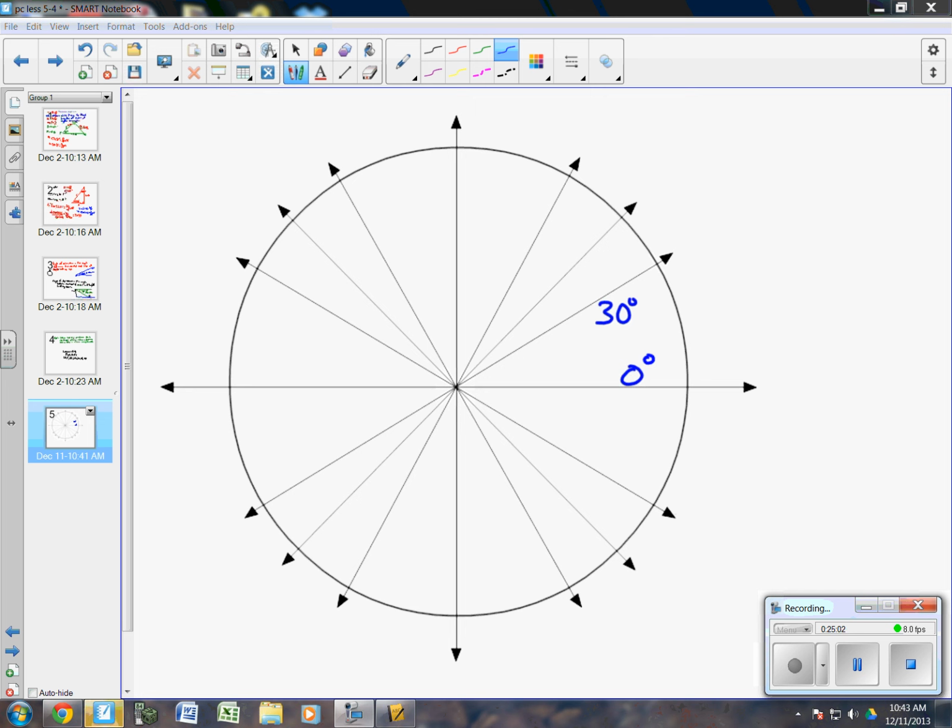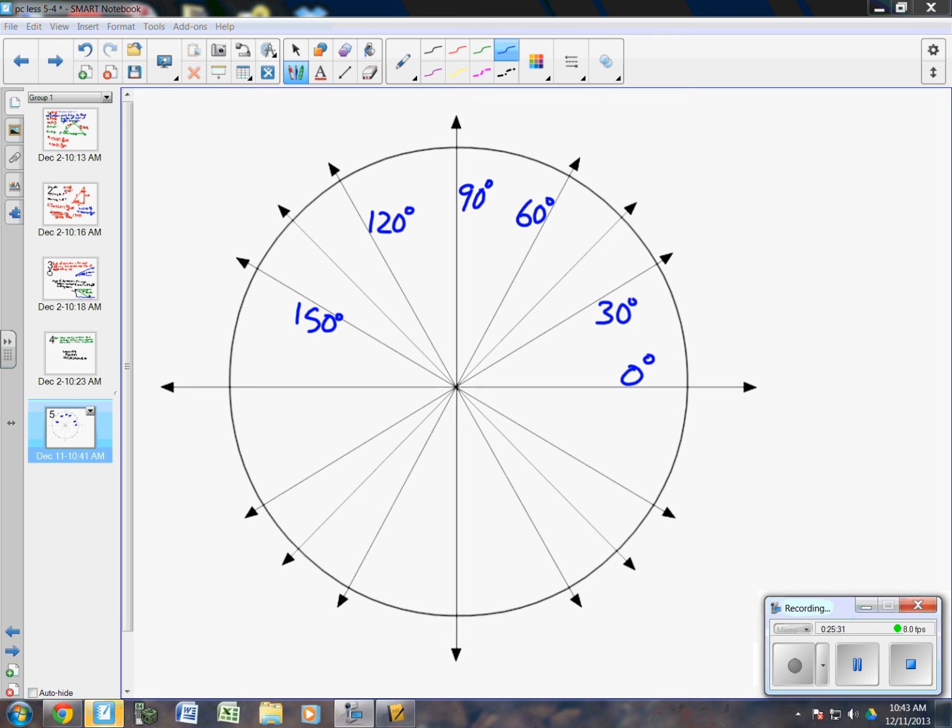We're going to go to this one and say 60 degrees. So we have 0, 30, 60. What's 30 more is 90. So this one right here is 90 degrees. Then you add 30 to 90, and you get 120. Skip the 45-degree line in quadrant 2. And you add 30 to 120, and you get 150.